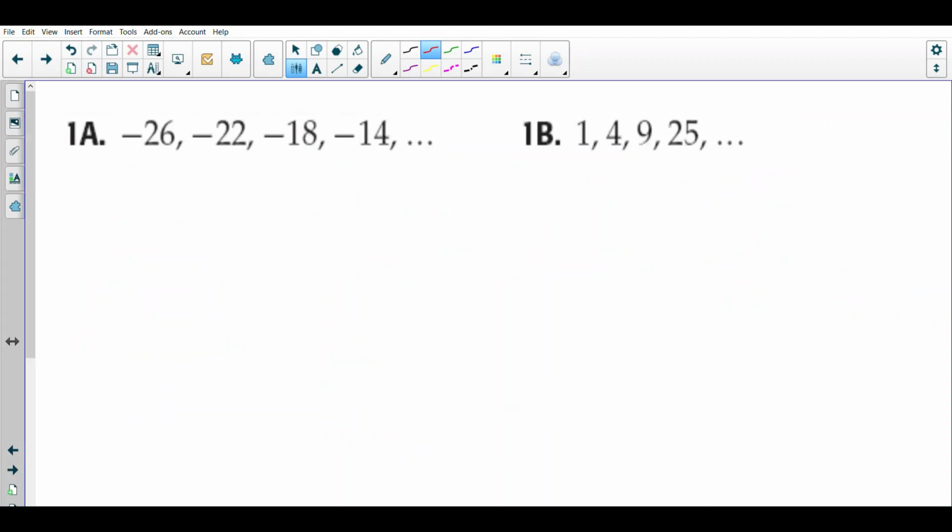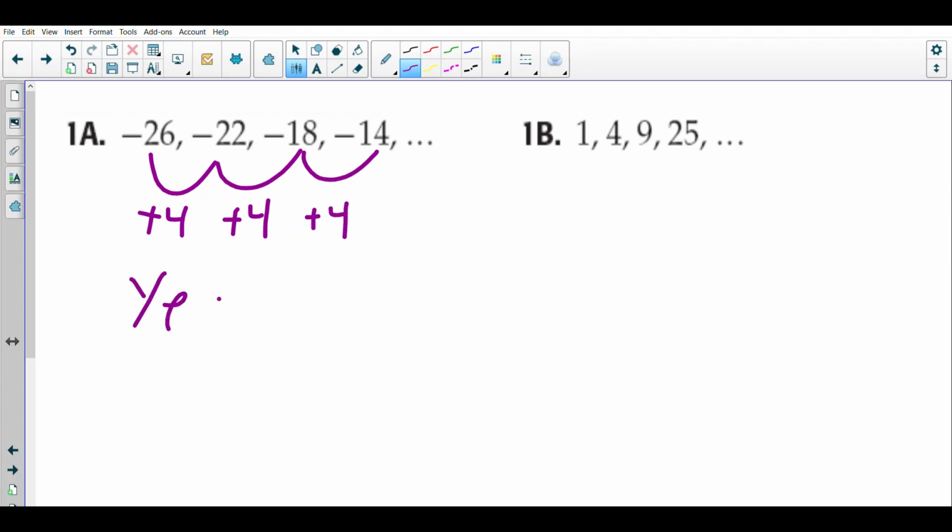So let's look at a couple more. Negative 26, negative 22, negative 18, negative 14. As we go, we have plus 4, plus 4, plus 4. So yes, it is arithmetic, because the common difference is equal to 4.